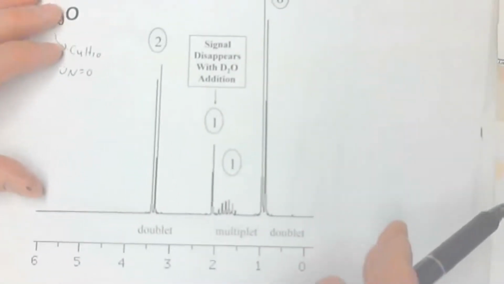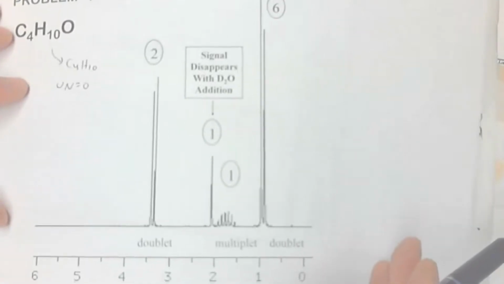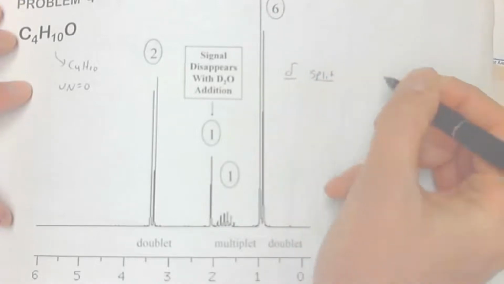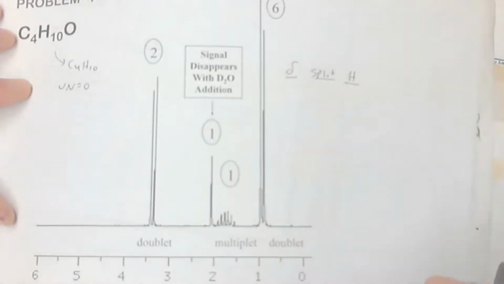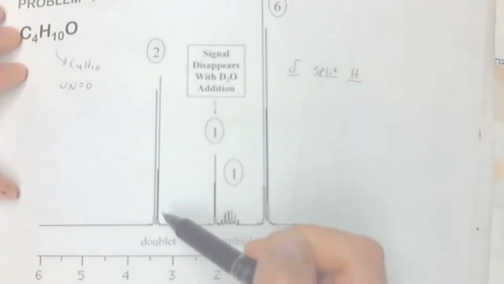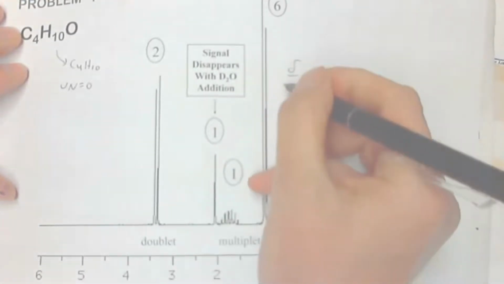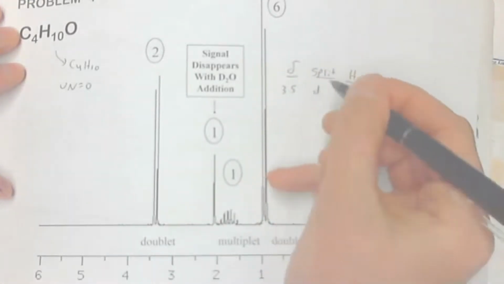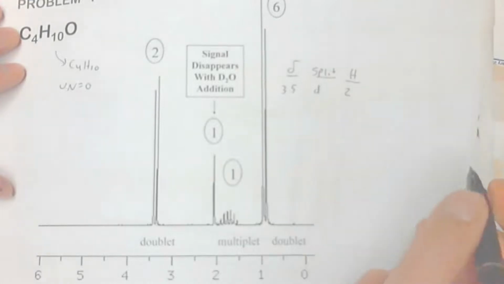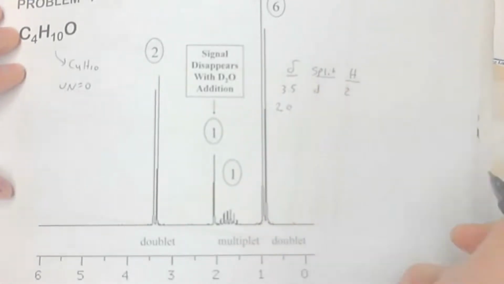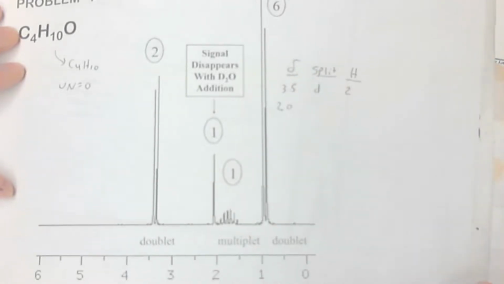Okay, so delta, split, H. Delta, split, H. All right, I'm going to go left to right this time. 3.5, doublet, H's are 2. 2.0. Ooh, signal that disappears with D2O addition.